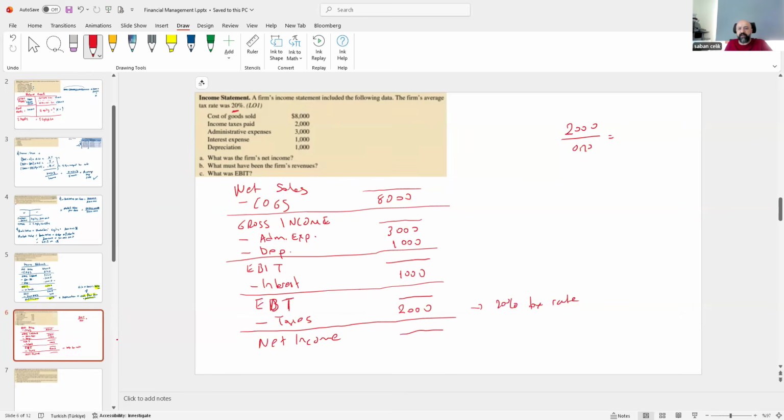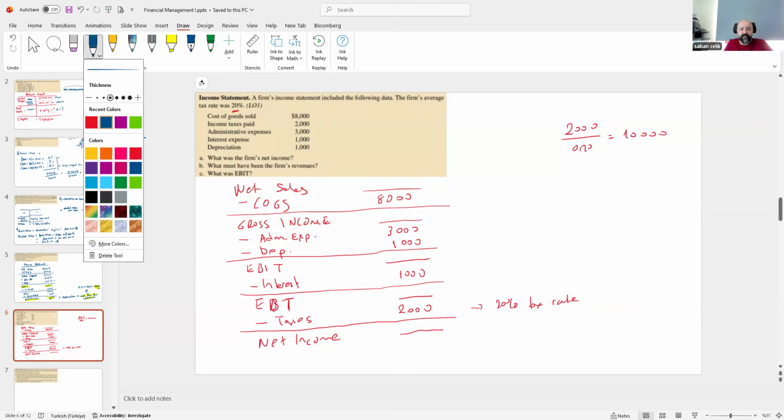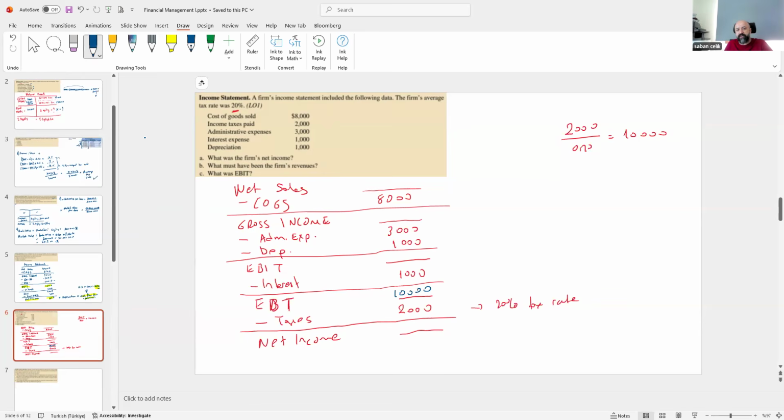From this point forward, I think it's 10,000, which means if earning before interest and tax is 10,000, then 20% of this will be 2,000. So this is correct. So then net income will be 8,000.